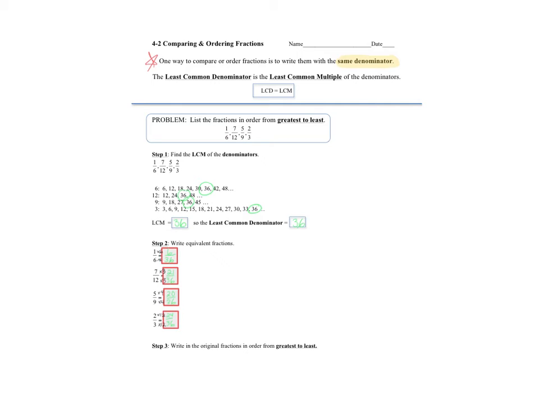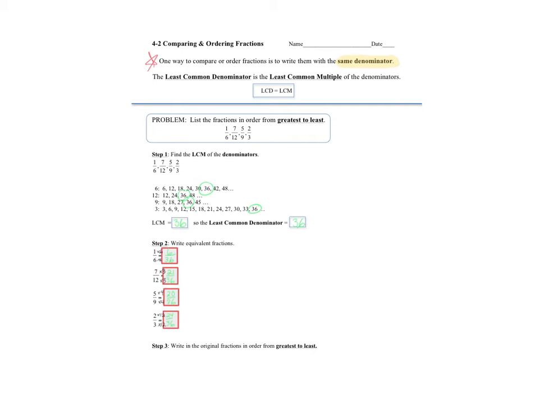But now that we gave them all the same denominator, we gave them all a denominator of 36, now it's a whole lot easier. So keep in mind, I'm still using that fraction 1/6. I am just calling it 6/36. Remember, they're equivalent, so it's still the same fraction. It just has a different denominator.